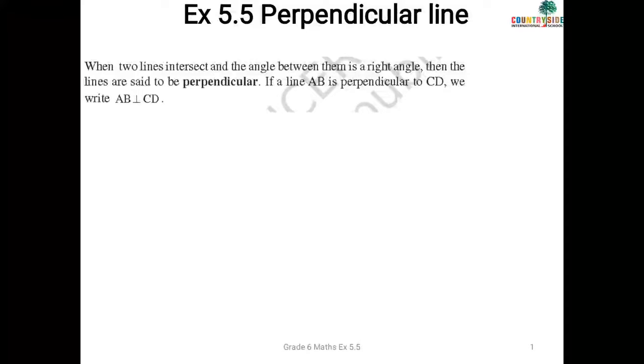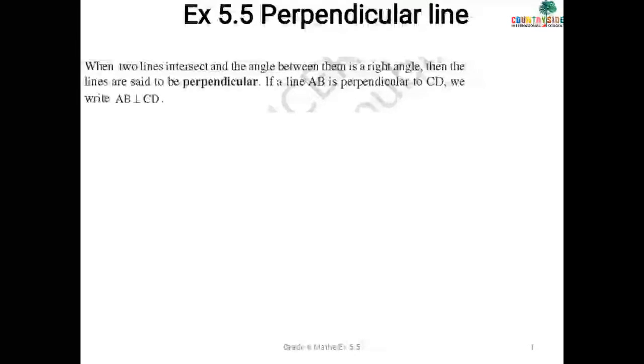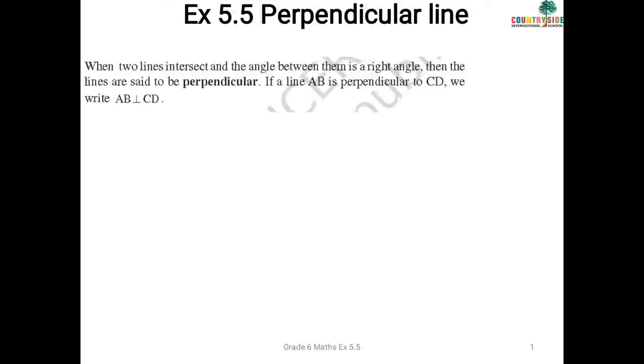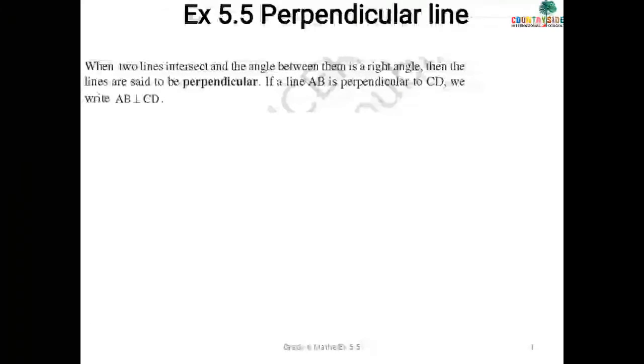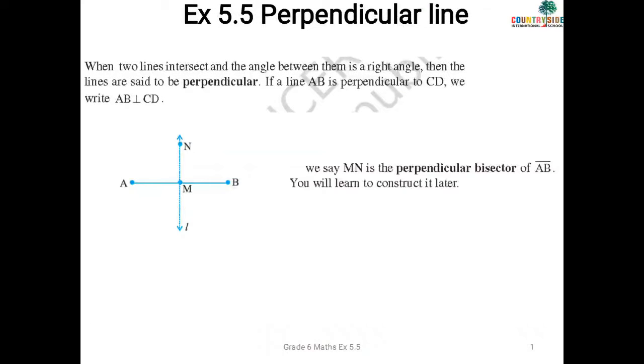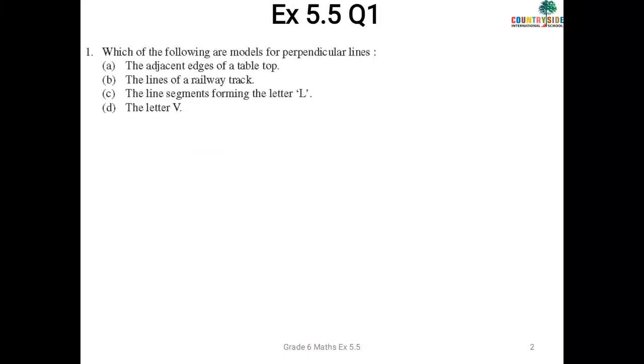In short, you can write the definition: if two lines intersect at 90 degrees, then they are called perpendicular. As shown in the figure here, MN is the perpendicular bisector of AB, as it is making a 90 degree. So now scholars, let's start exercise 5.5 question number 1.